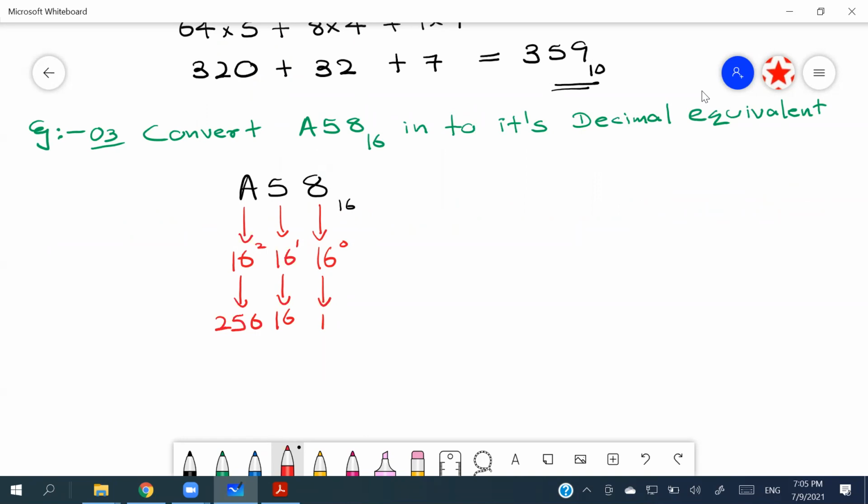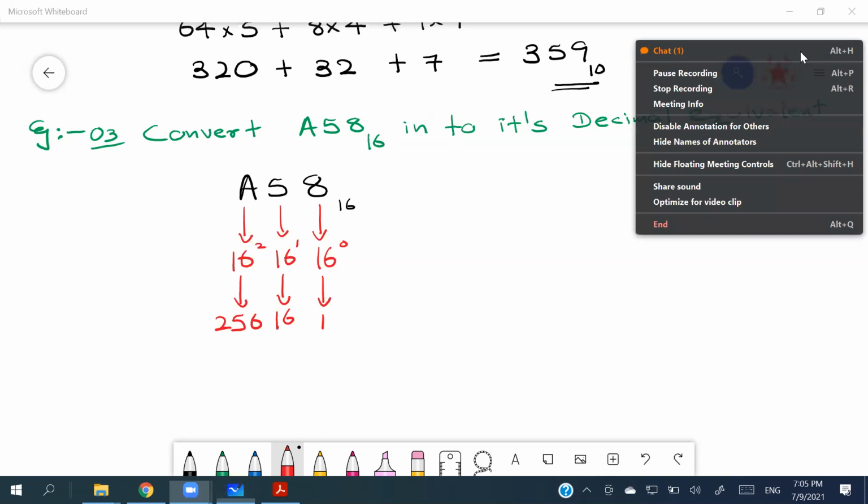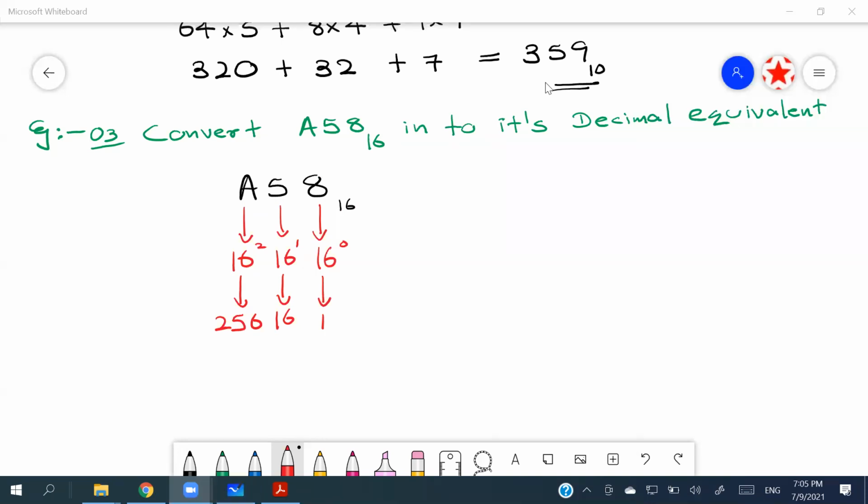Now, when it comes to hexadecimal values, it won't go beyond 3 digits for your level, right? So just remember the square of 16 is 256, right? Right, someone has given me the answer. Let's see whether it is okay. Right, good, good.